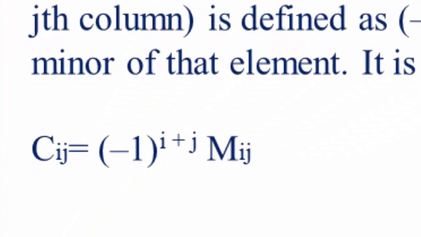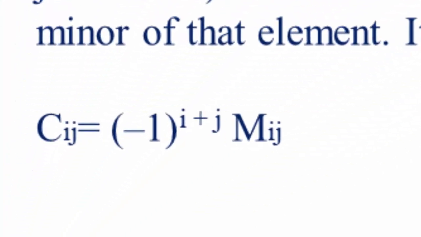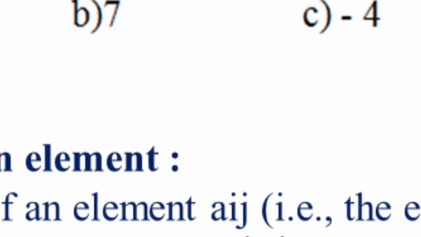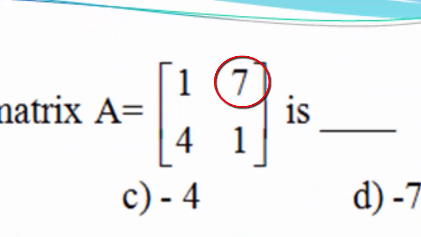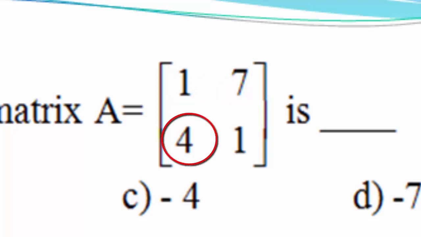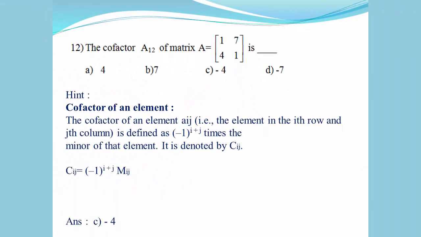So, we have to find A12. A12 is equal to minus 1 raised to 1 plus 2 into M12, where M12 is the minor obtained by deleting the row and column in which A12, that is 7, is present. So, the resultant element is 4 and the determinant of 4 is 4. So, here M12 is 4. Therefore, A12 is minus 1 raised to 3 into 4, which is equal to minus 4. Therefore, the option C, minus 4, is right.